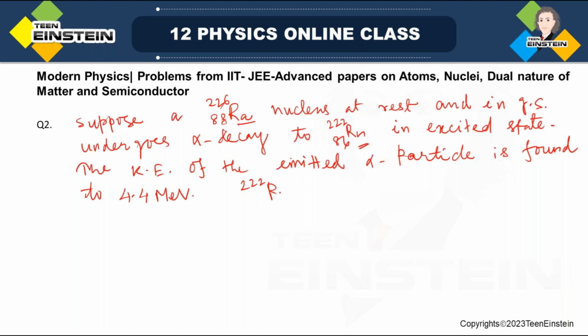Then this residual nucleus, to have a stable condition or come into the ground state, undergoes gamma decay and goes to the ground state by gamma decay.